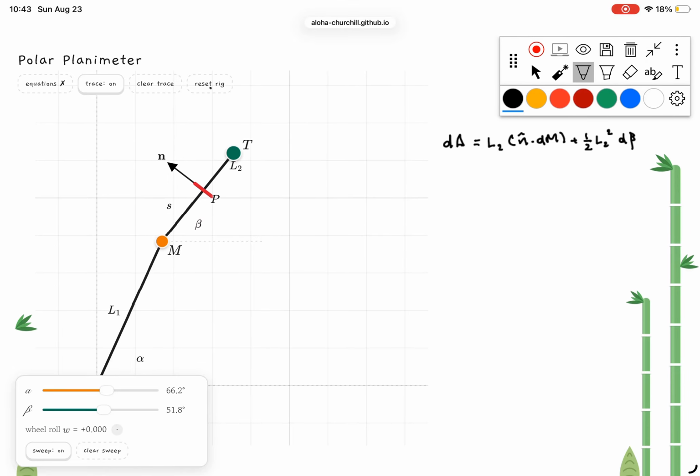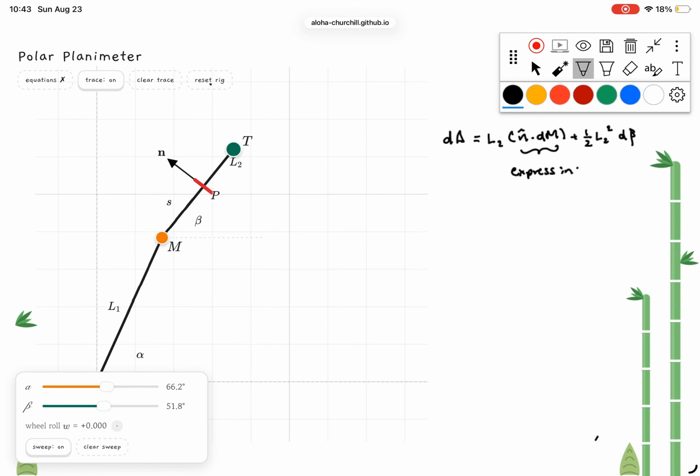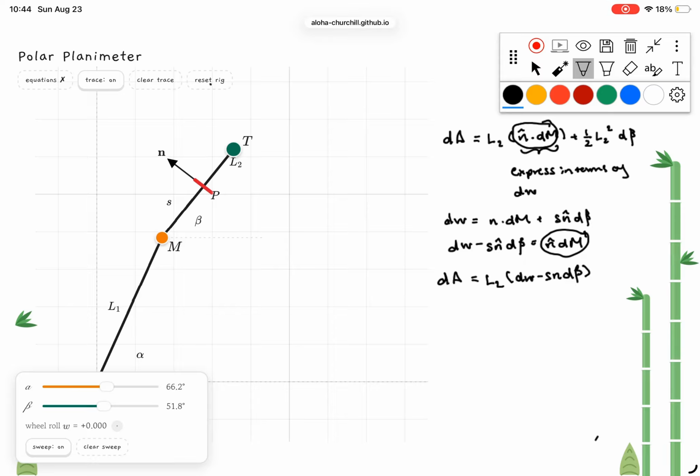And so now with a little manipulation, we can express this tiny bit of area, dA, in terms of dW, which will help us plug in what we already know. And so we end up with this term here where d area equals L2 dW plus this term times d beta.